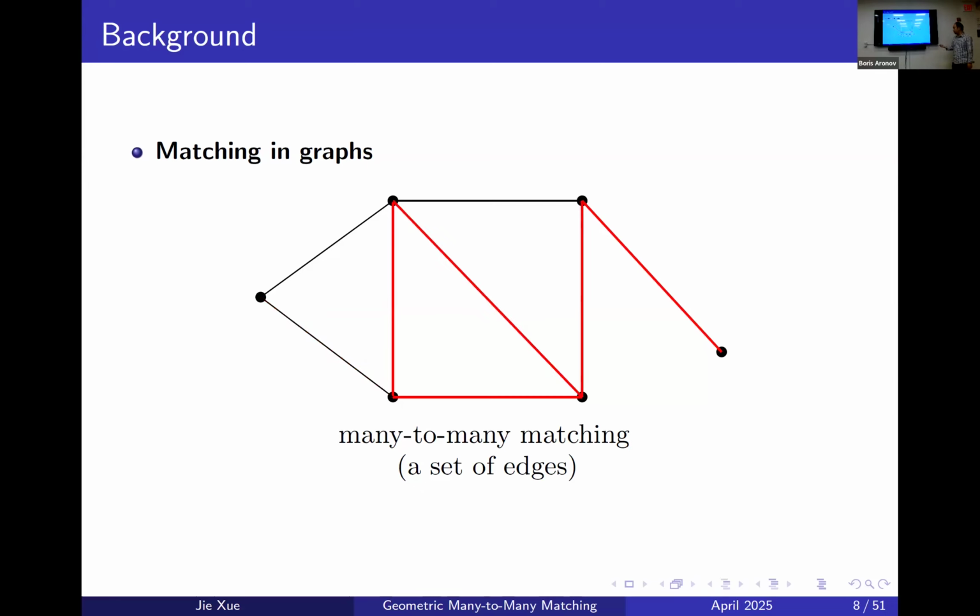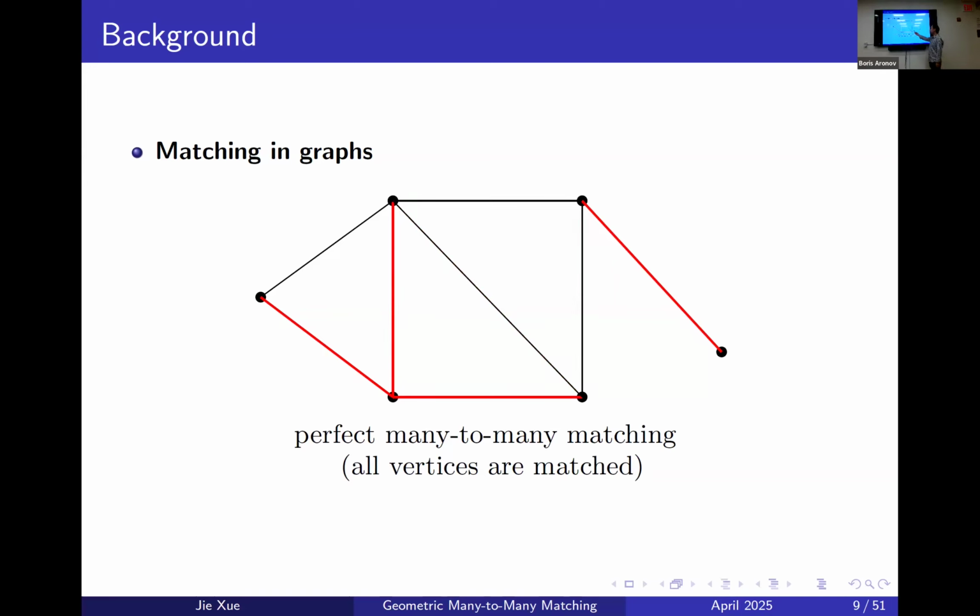And again, you can distinguish perfect many-to-many matching and the imperfect ones. Perfect means each vertex is matched to at least one other vertex. So in this situation, as you can see, it's perfect because every vertex is matched.